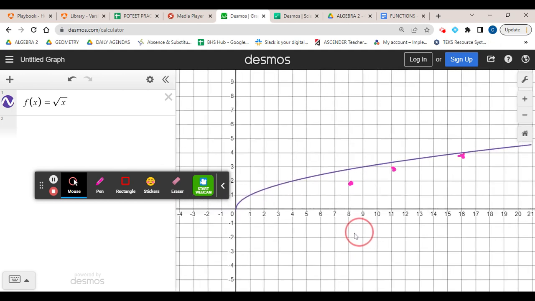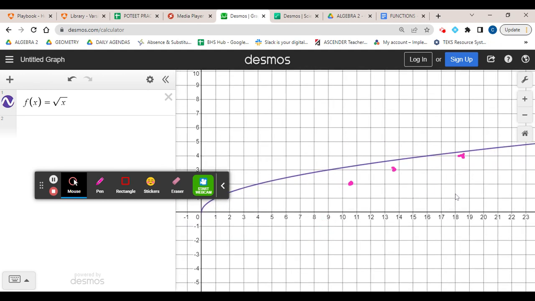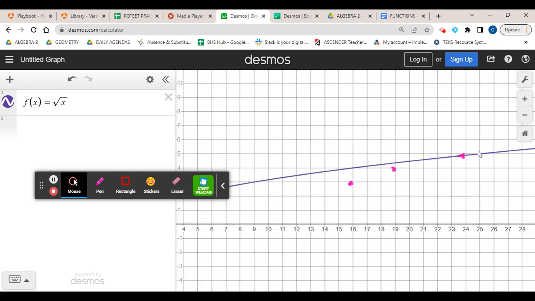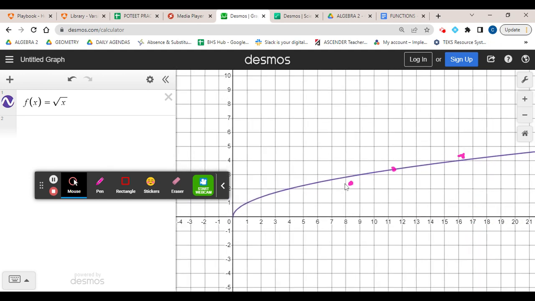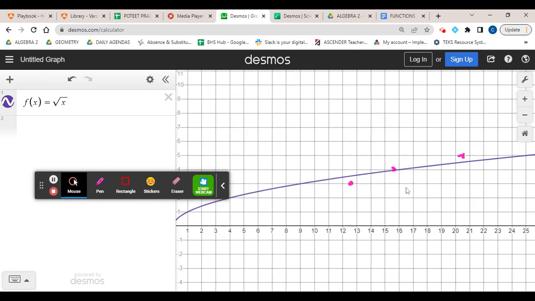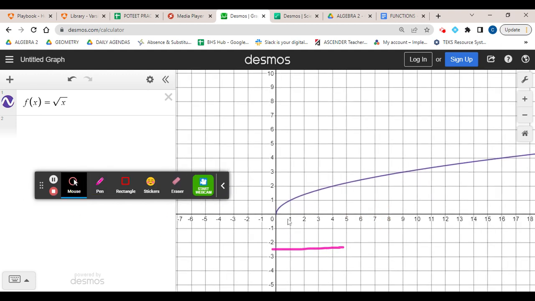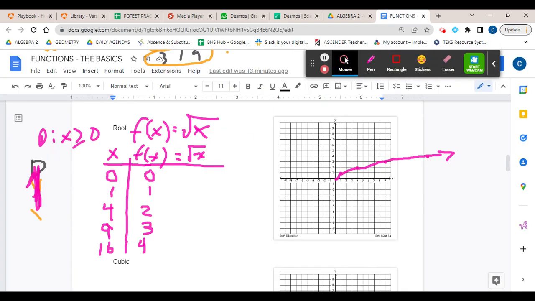Going forward, we have 16, 4, and 25, whose square root is 5. So we have all those points there. The graph sort of levels off like that. It still goes up forever and ever, but the rate of increase decreases over time. When the y value is the square root of the x value and you plot those points like we did, you get a graph that looks like that.